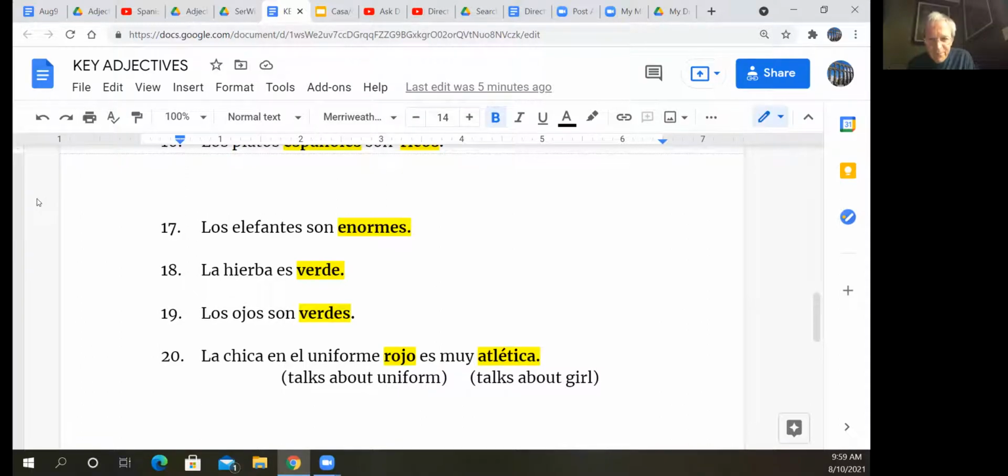But if it does not end in O, regardless, then it keeps the same form. You just worry about, do I make it plural? Right. Okay. Eso es. That's it. Bien? Are we good with that so far?